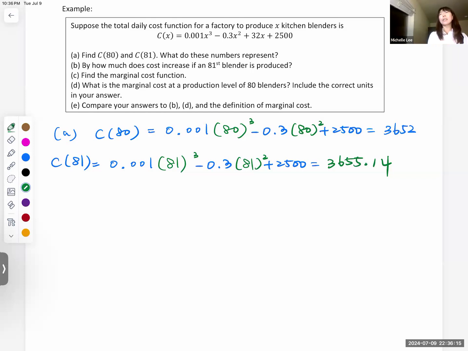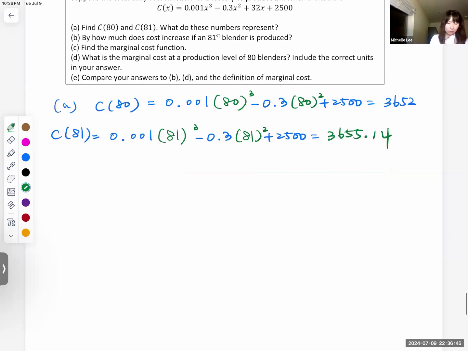And then they're selling 81 blenders. Then they have $3,655.14, right? Okay, I'm not going to write that down because this is obvious, right? Okay. Second part: by how much does the cost increase if an 81st blender is produced, right?